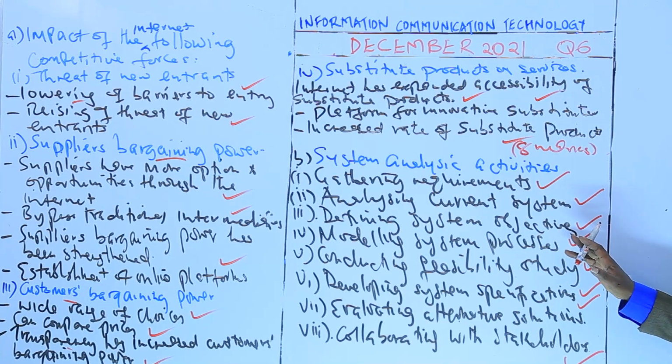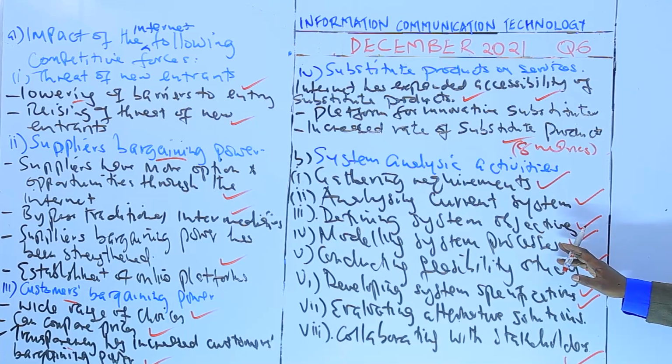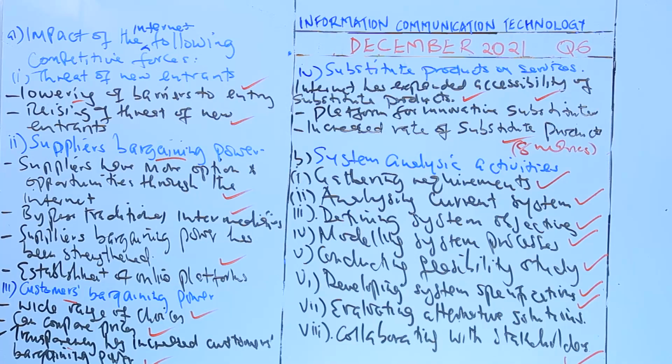They help the system analyst to define clear objectives, to model system processes effectively, and also they help the analyst consider various factors that are necessary for successful system analysis and design. 8 system analysis activities, 8 marks.